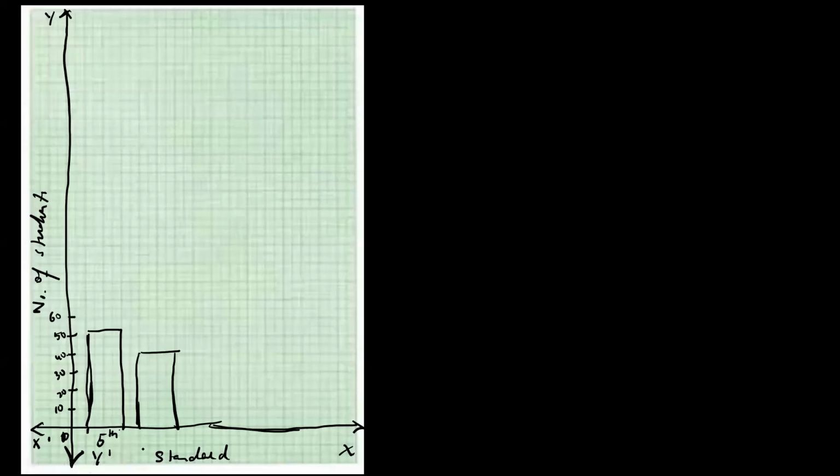Next is 35. 35 will be between 30 and 40, there's a dark line. So call the 6th standard. Then again 2 centimeter thick till 35. So that will go till this dark line between 30 and 40. And this is 7th standard.